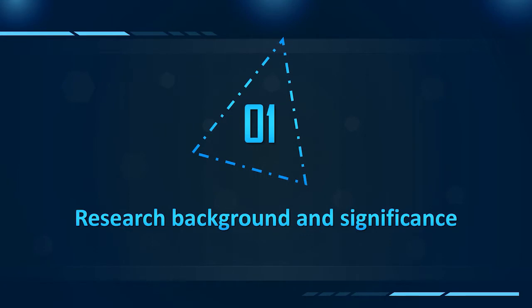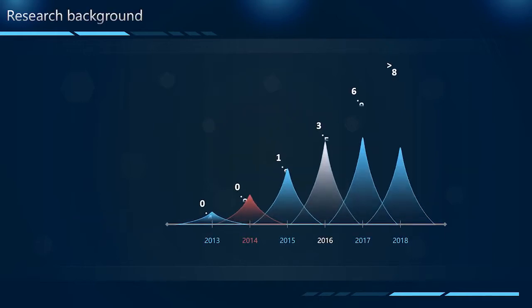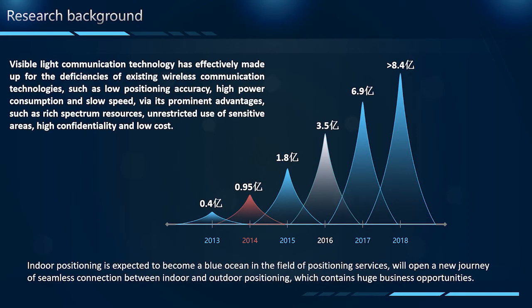First, let's focus on the research background of this topic. We can see from this chart, in recent years, visible light communication technology has been increasingly mature, and the scale of investment in the industry has also gradually increased.